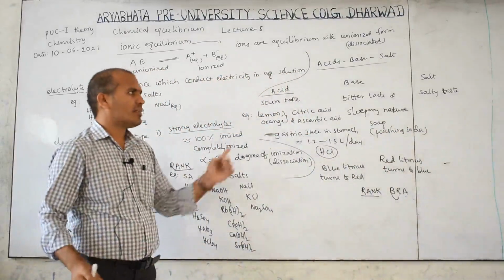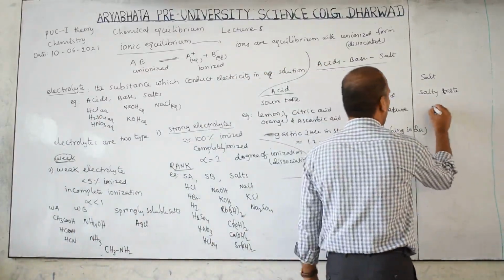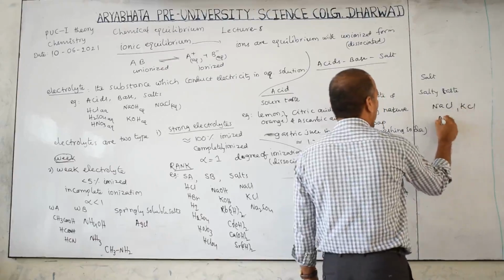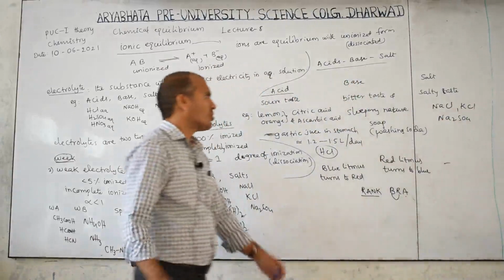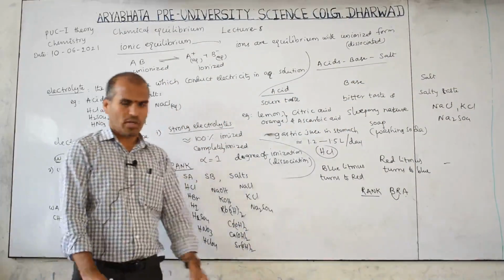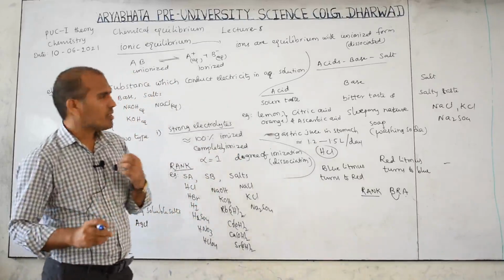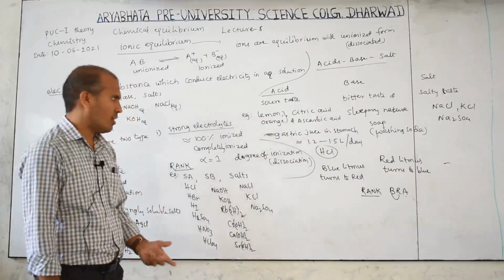These are some examples. Salt has a salty taste, there is no other meaning for that. Examples: NaCl, KCl like this, and Na2SO4, all these are examples. So we know the difference between acid, base and salt. After knowing this, we have to discuss the definition of acid, the definition of base and salt.